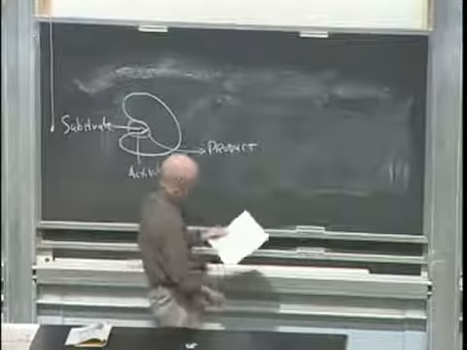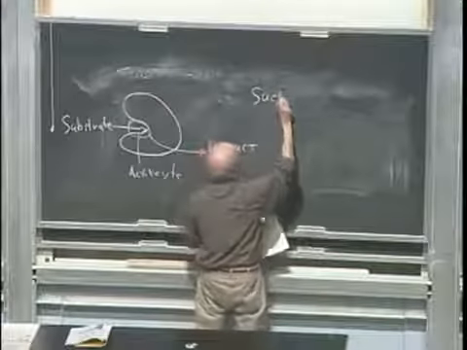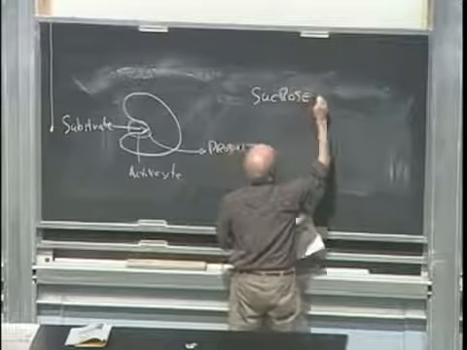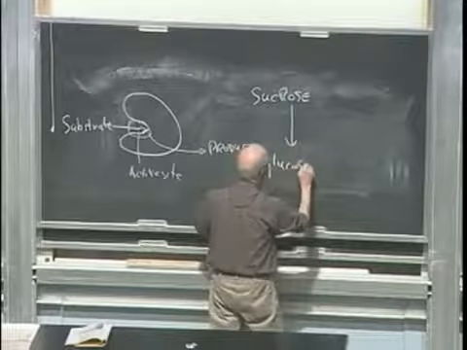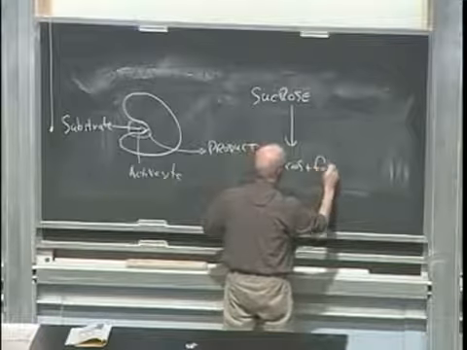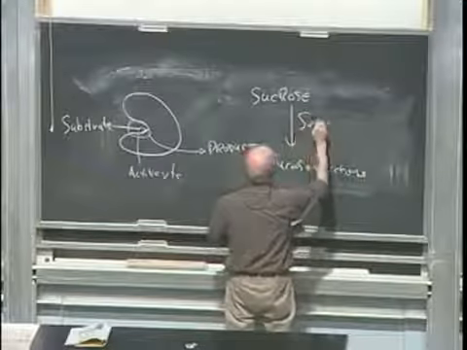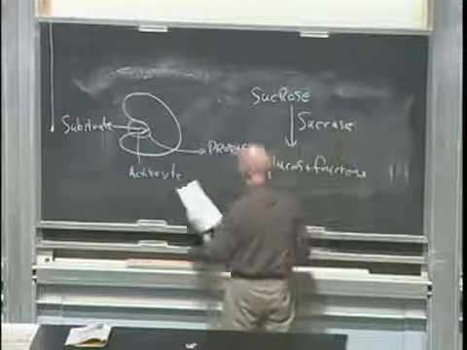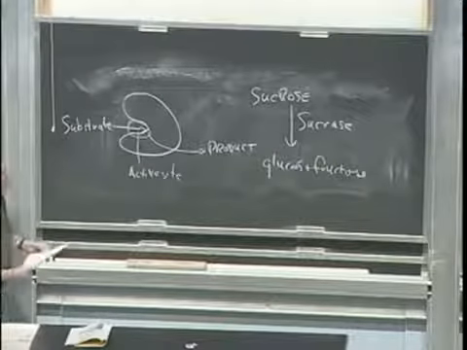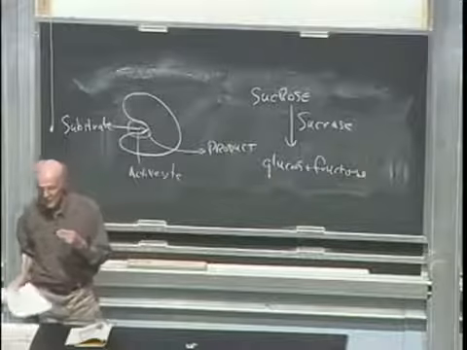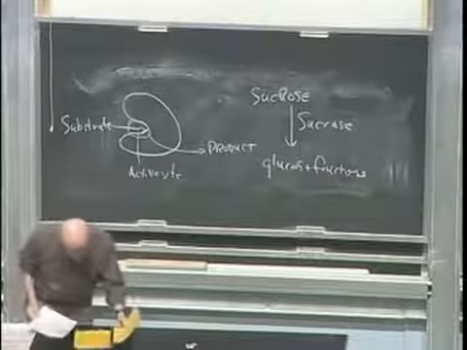For example, since I have sucrose on the table, sucrose is a substrate, and sucrose can be converted into glucose plus fructose. The enzyme that does this, its name is sucrase. That's the enzyme that converts sucrose into glucose and fructose. You're going to work with an enzyme in lab. When is that? A couple weeks.